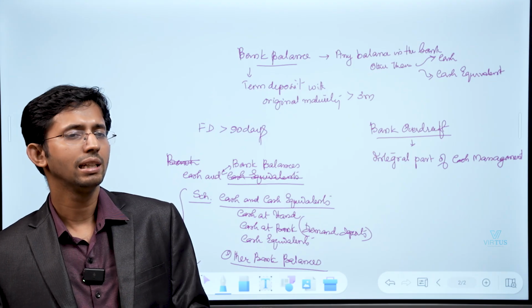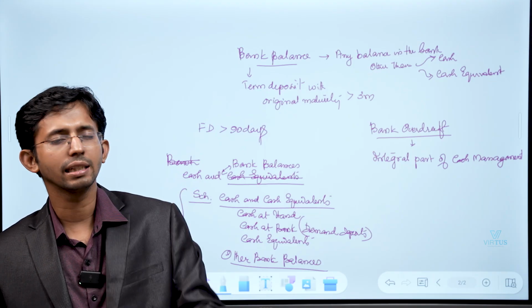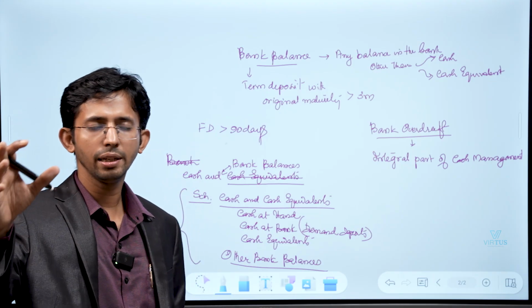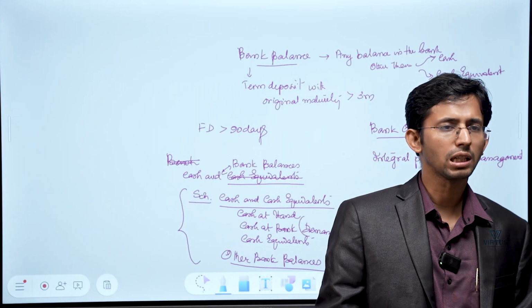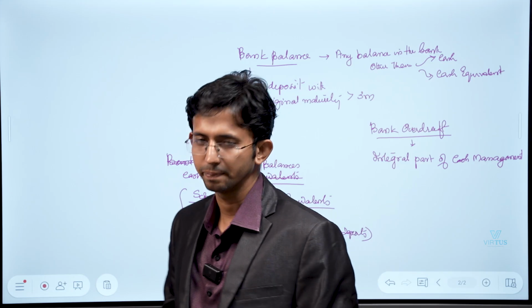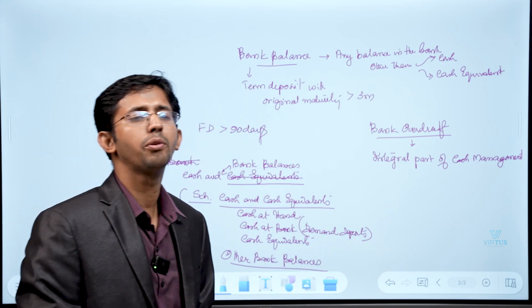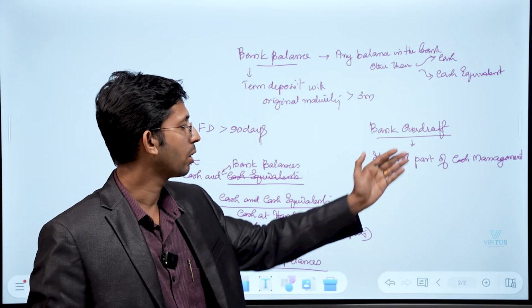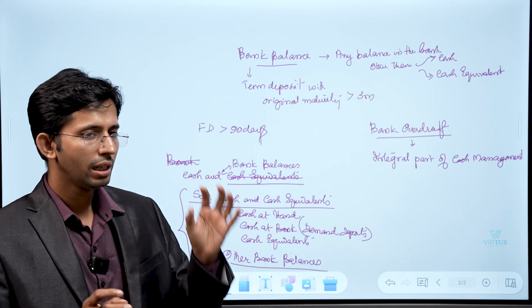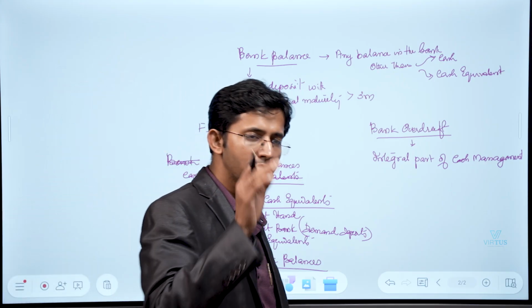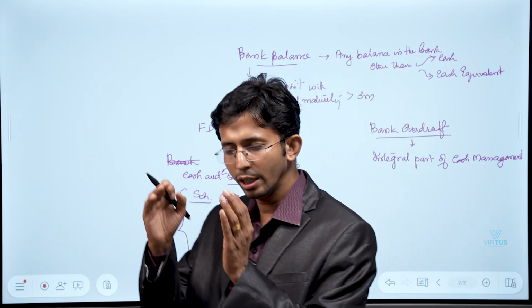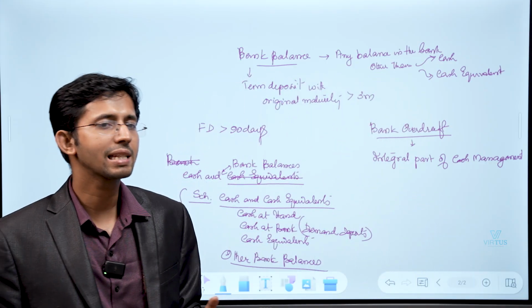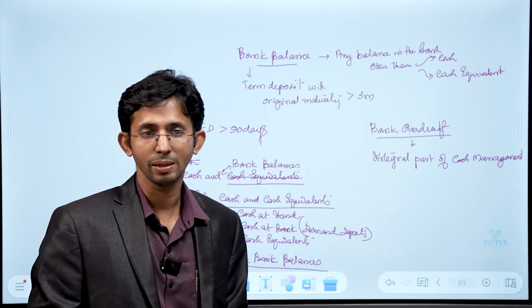So for meeting that gap, they utilize the bank OD. The moment the check comes back, they repay the bank OD. If this is the pattern they follow, it is known as an integral part of cash management. So if the bank overdraft is used only when there is a shortage of funds, only for a limited period, then you can say that it is an integral part of cash management.